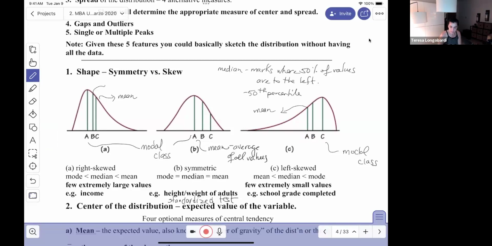And the median is the compromise between the mean and the mode, right? It's more of a central value because this one gets a little bit pulled away. And same thing here. So the median is always the compromise in between.